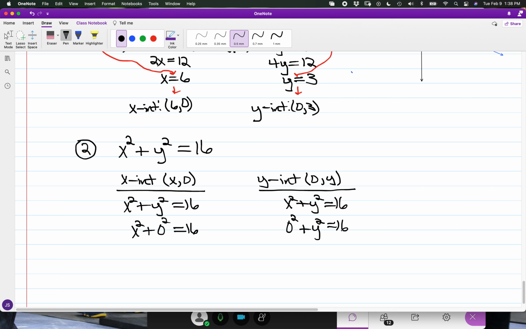With the x-intercepts, I now have x squared is equal to 16, whereas for y, we have y squared is equal to 16.